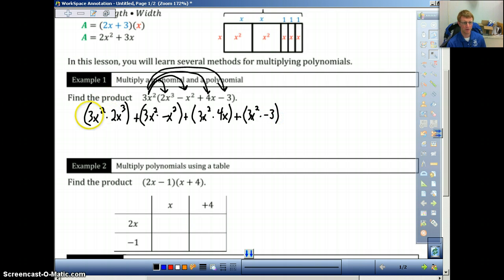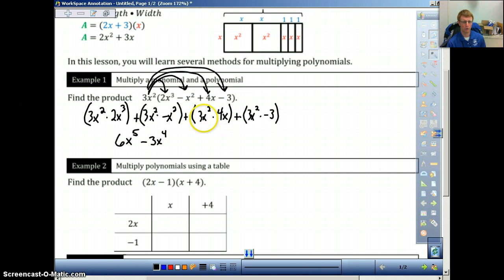And then we just multiply this out. 3 times 2 is 6. X squared times x to the third is x to the fifth. Then we have 3x squared times negative x squared, so x squared times x squared is x to the fourth, and we have negative 3x to the fourth.